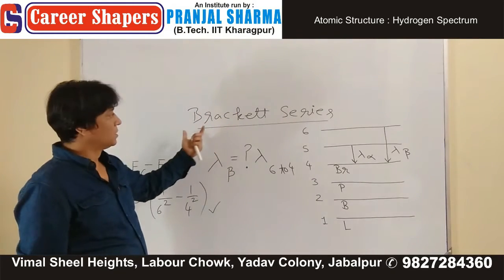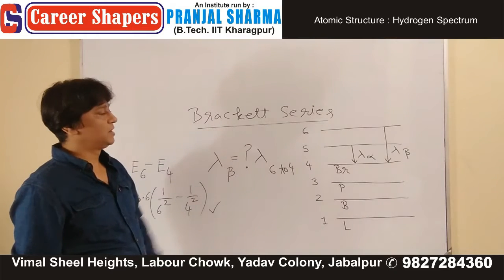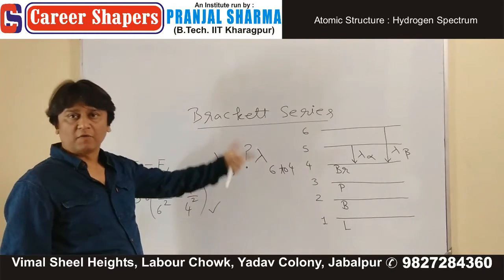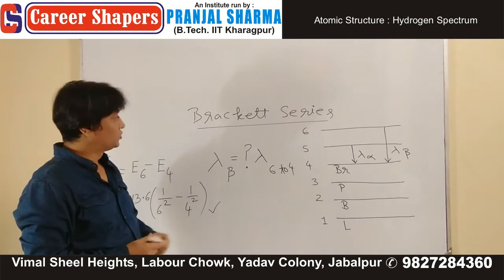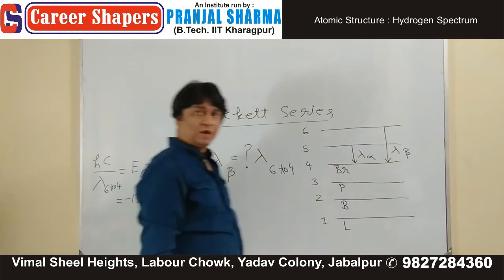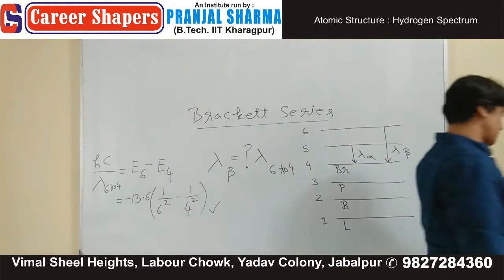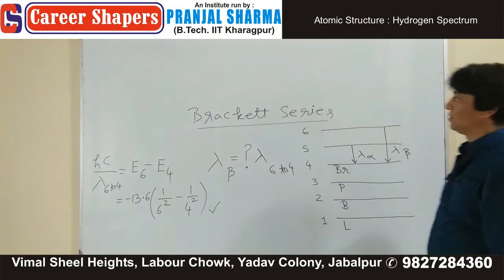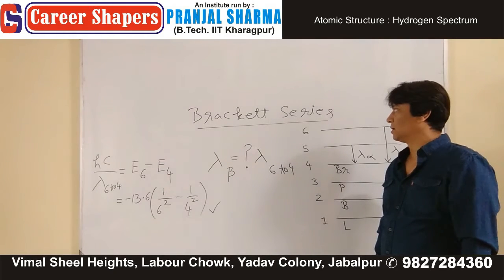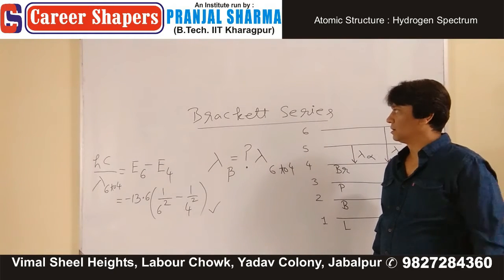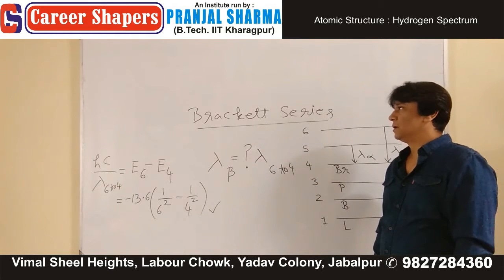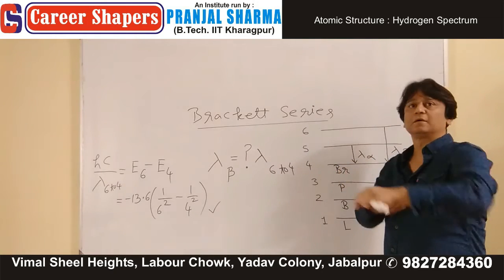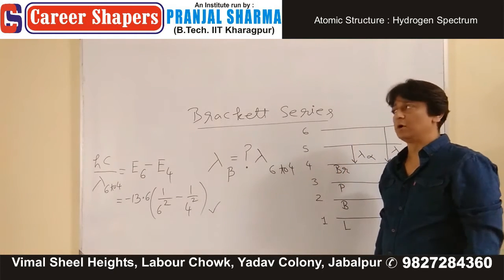Well, the energy of Brackett series is even higher than the infrared. You can write the statement: energy of Brackett series wavelengths is higher than the, what am I saying? Tell me, is it higher or will the energy be lower?